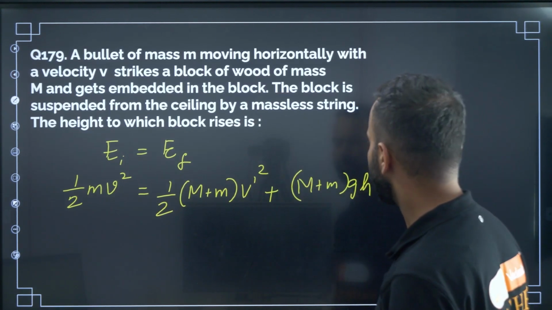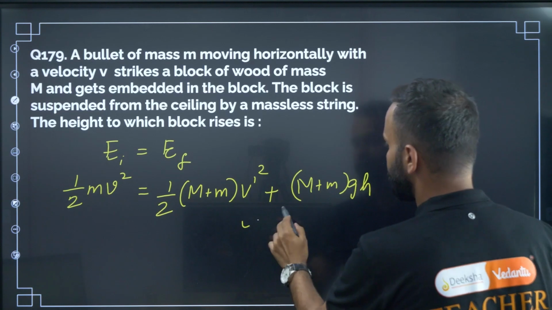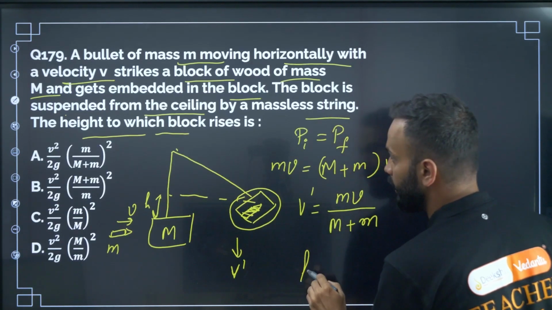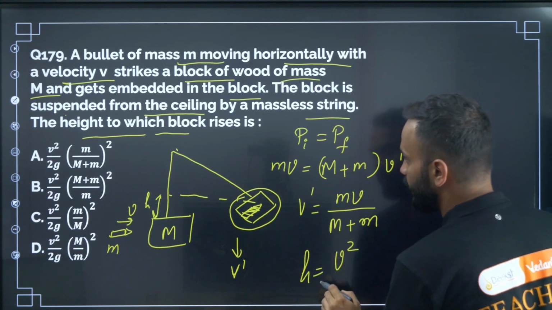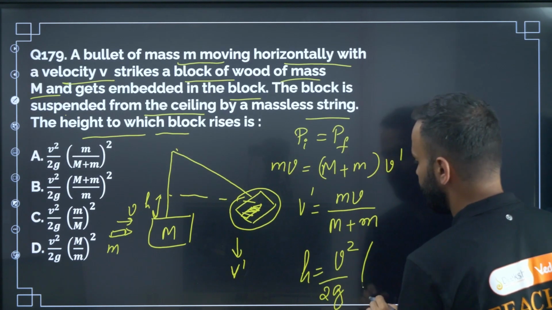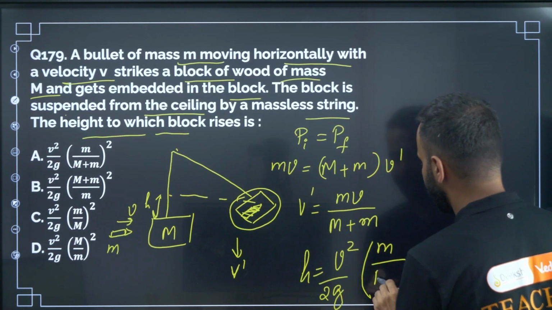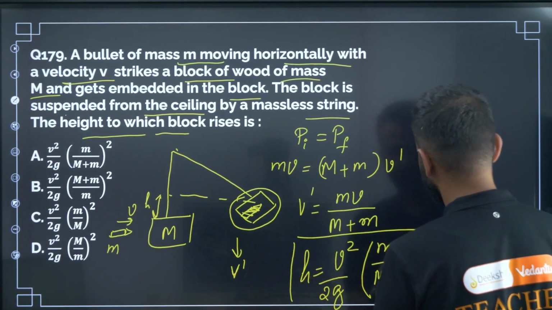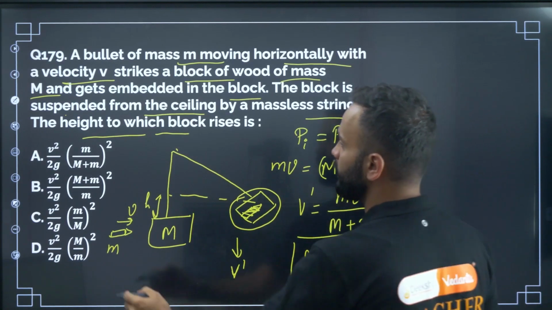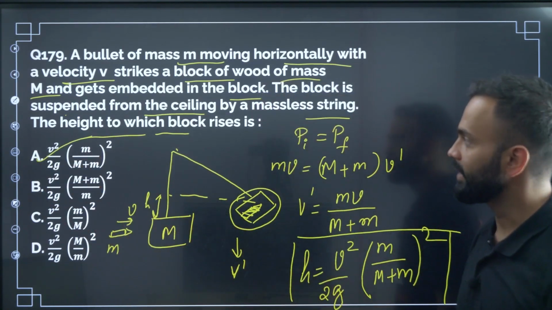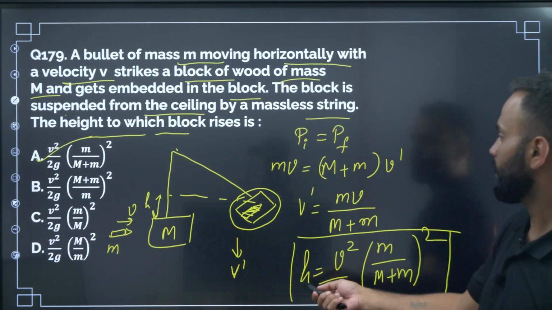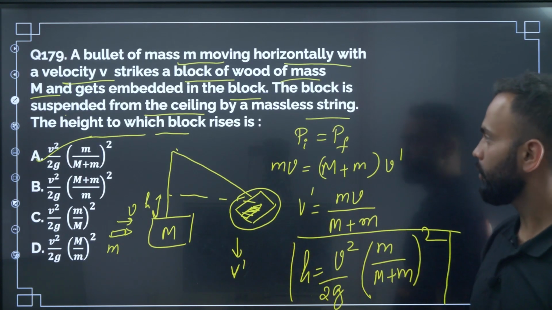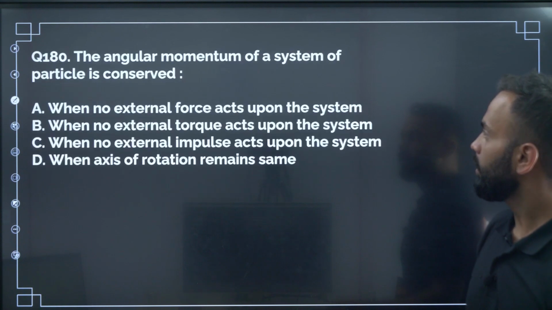Now solve this. You will get h as v square divided by 2g into m divided by (M plus m) whole squared. So option A is the correct answer. Question 179 is over. This is how to approach this solution. So next question, 180.